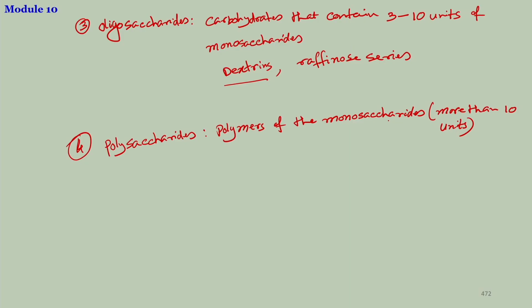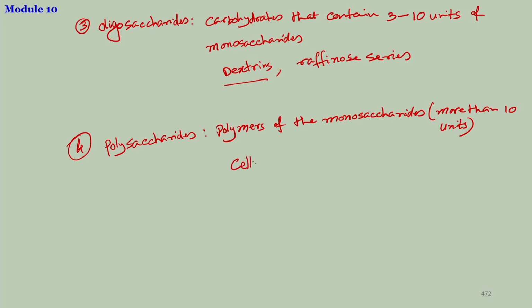And these monosaccharides can be different. Different means in the same polysaccharide there can be multiple kinds of monosaccharides. Multiple units of course, and along with that, multiple kinds of monosaccharides can be connected together to give you the polysaccharides.